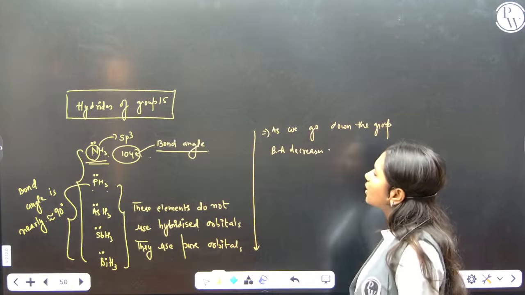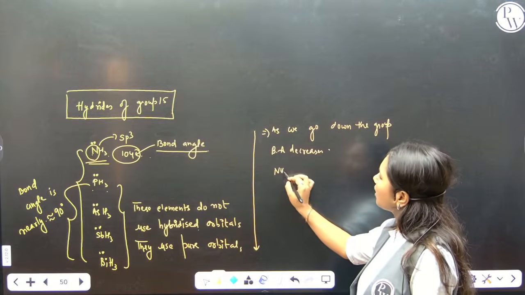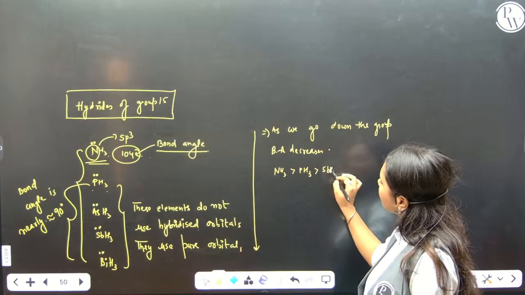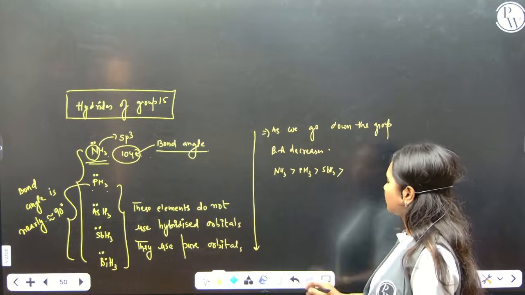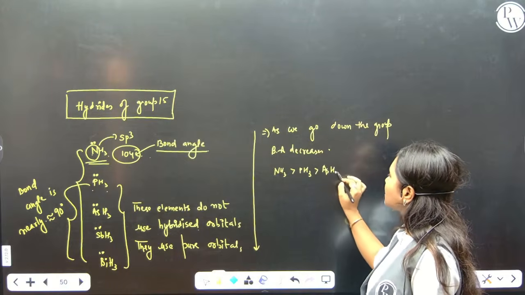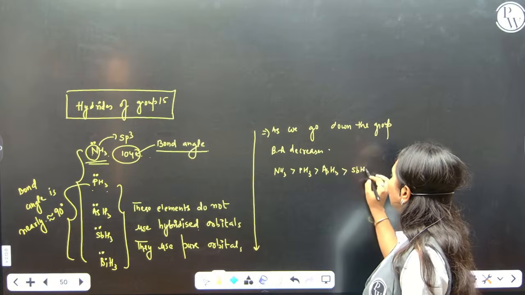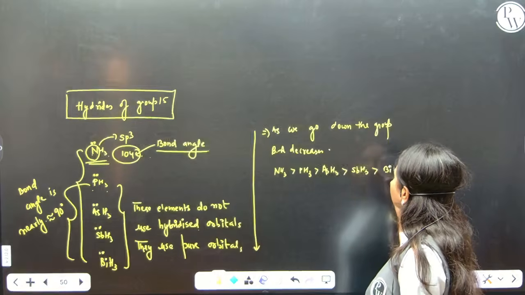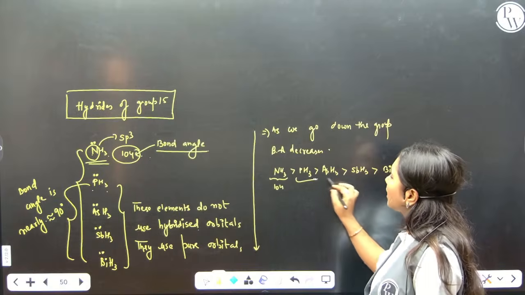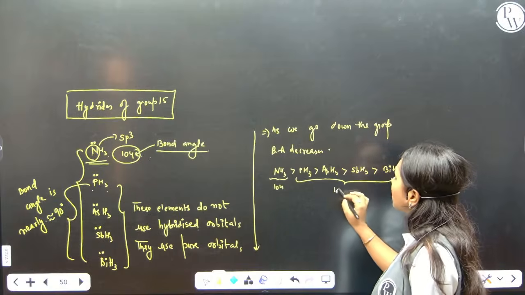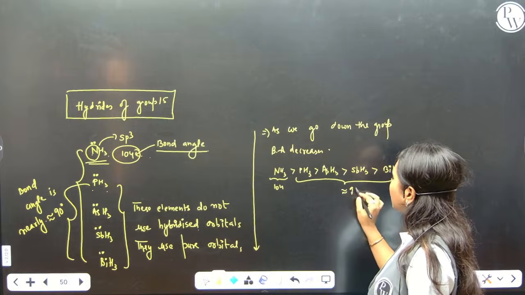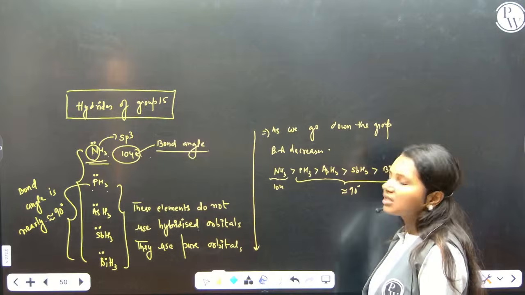So what is the order for the bond angle? Ammonia maximum, then phosphine, arsine, antimony, and bismuth hydrides, right? Here the bond angle is 104, and here it is approximately 90 degrees, correct? This is the bond angle.